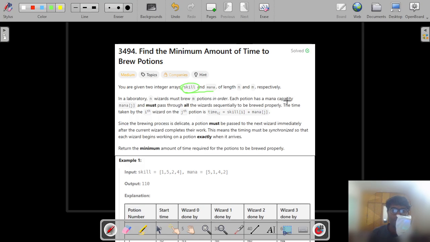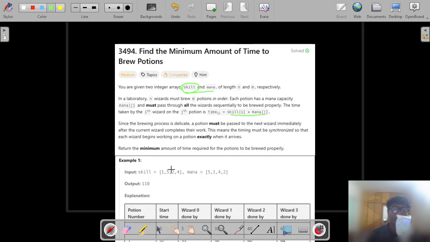Each potion has a mana capacity mana of j and must pass through all the wizards sequentially to be brewed properly. The time taken by the ith wizard on the jth potion is time ij, which equals skill of i times mana of j, right?